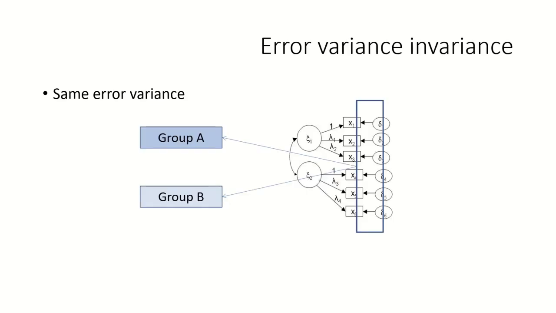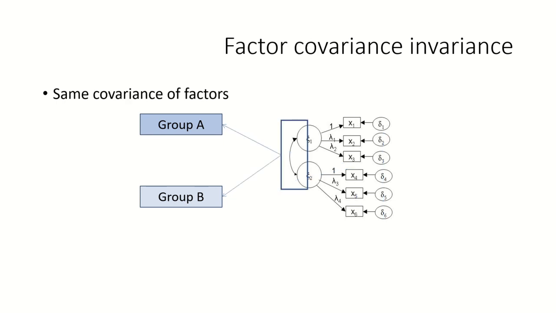The first one is same error variance. So we check whether the influence of unmeasured variables that influence our observed indicators, so basically influences on our observed indicators that are not due to our latent variable, are the same across groups. Error variance invariance is often used when we are concerned about, for example, reliability issues.